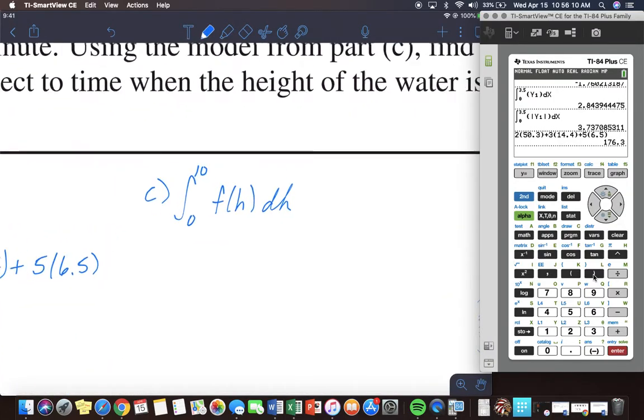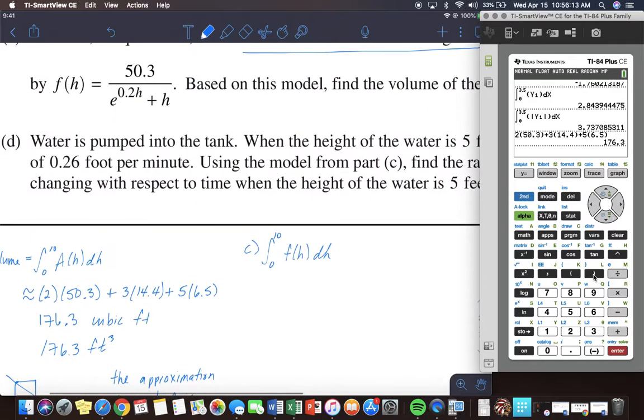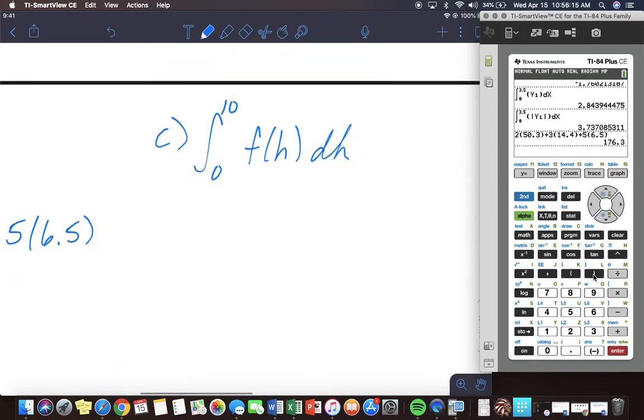And I'm going to use the function that's given in part C. So the integral from 0 to 10 of 50.3 over e to the 0.2 h plus h dh.